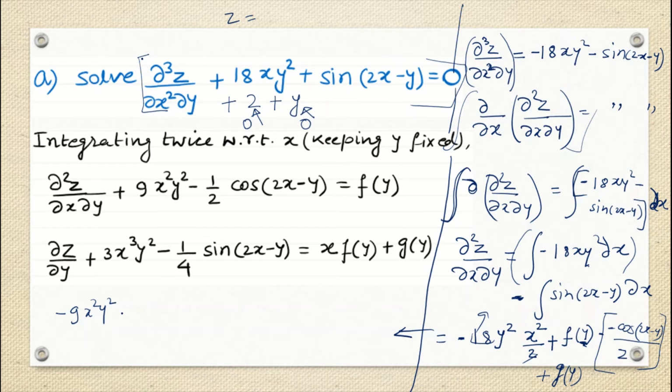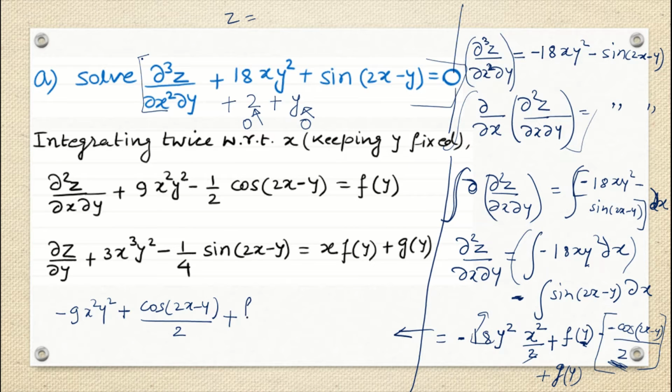Okay, and then minus minus will give me plus cos. So this is cos(2x minus y), and then divided by 2 is also there. So I'm writing here divided by 2. Okay, and then I'm writing plus, there are two functions, but these two functions are totally dependent on y. So instead of f(y) g(y), I just write maybe f(y) only.